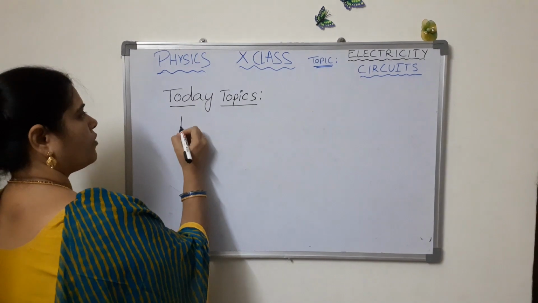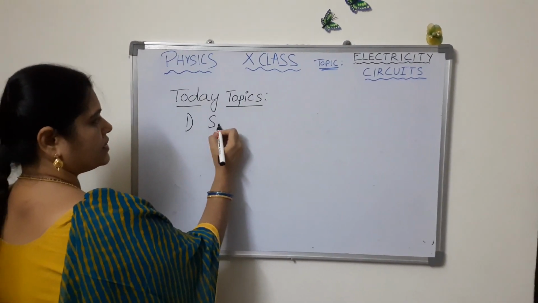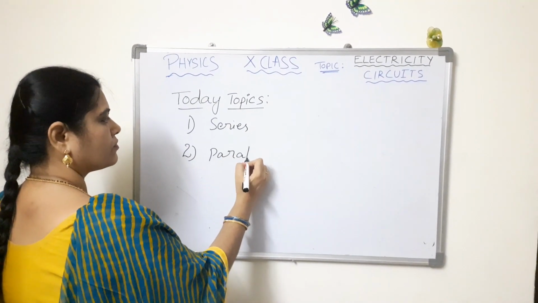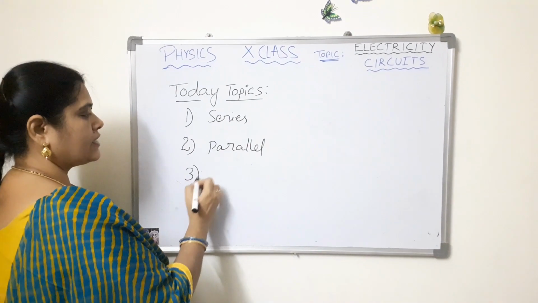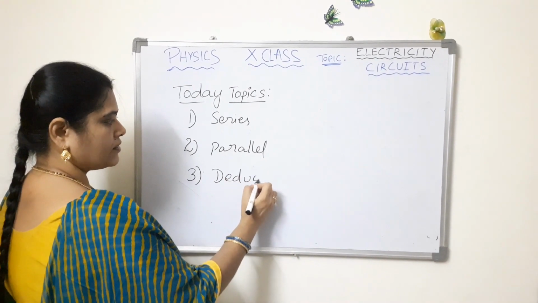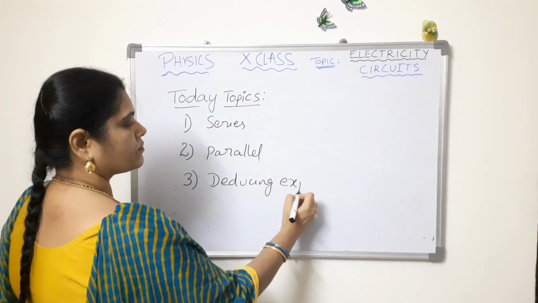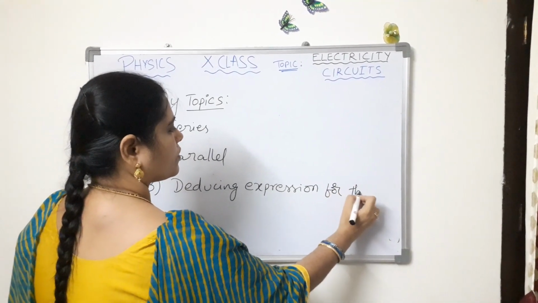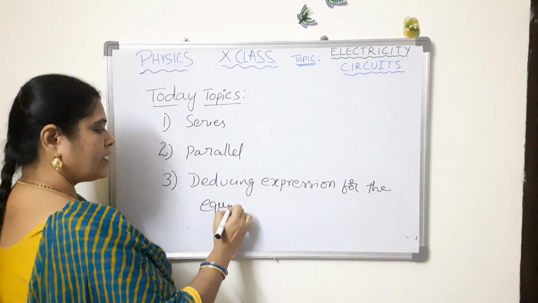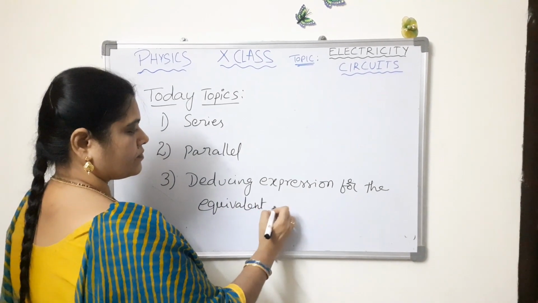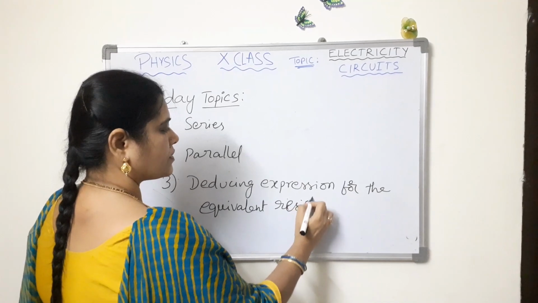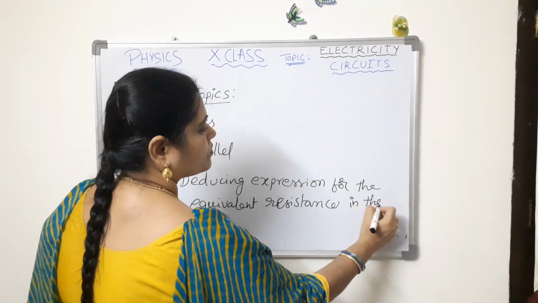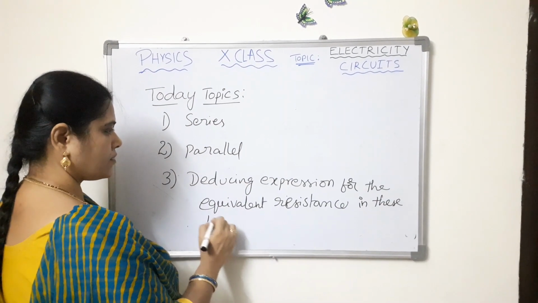Now we are going to know about the series connection, the parallel connection, and third, deducing the expressions for the equivalent resistance in these two types of connections.